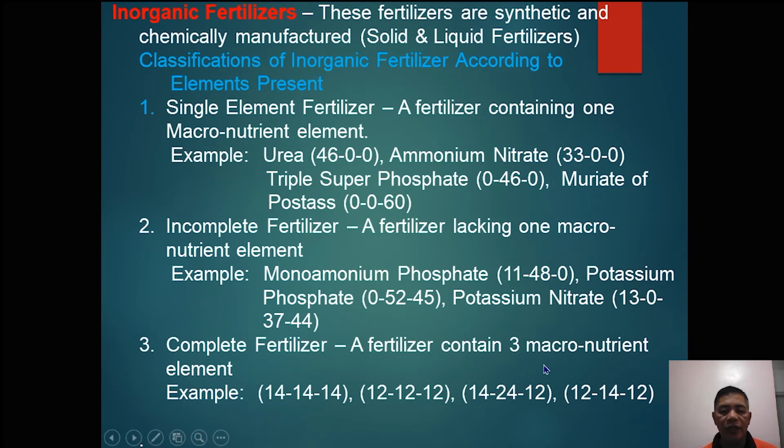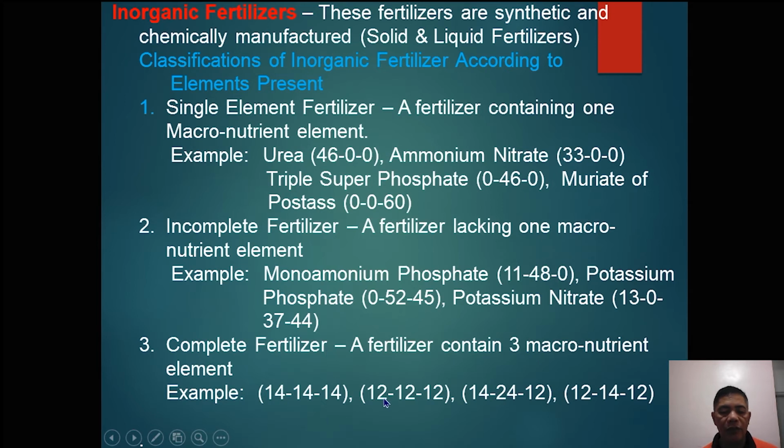Then the third one is complete fertilizer. All the macronutrient elements, nitrogen, phosphorus, and potassium, are present. So for example, you can buy in the market or agricultural suppliers 14-14-14. We call it triple 14.